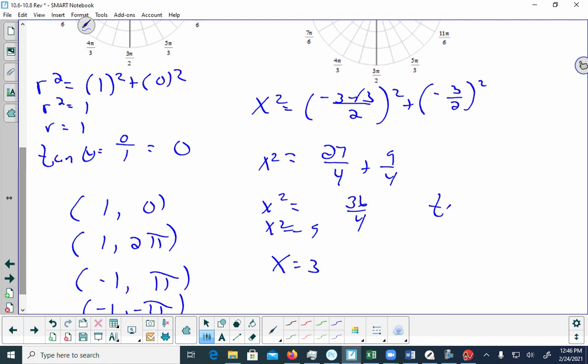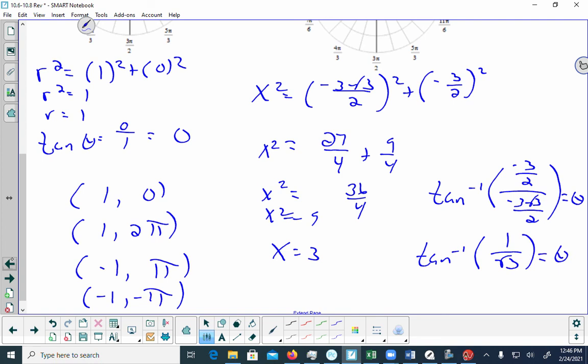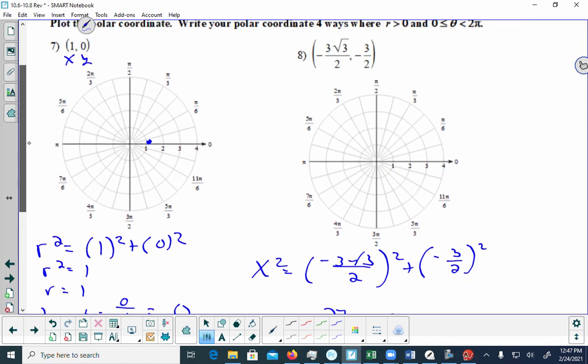This ordered pair is in the third quadrant.